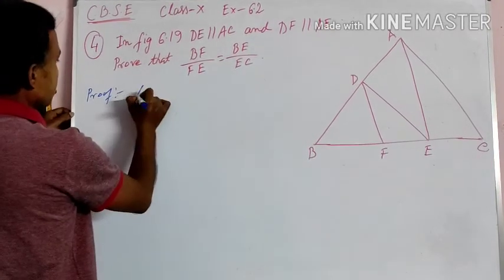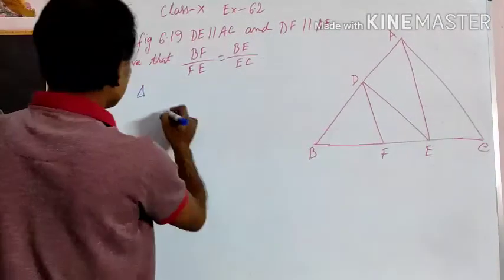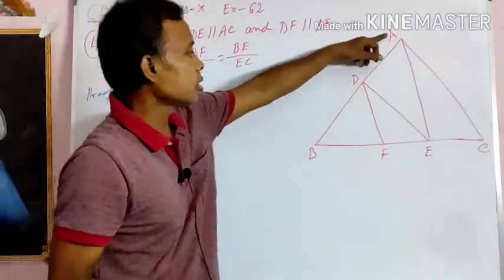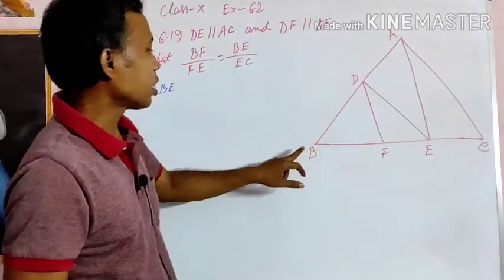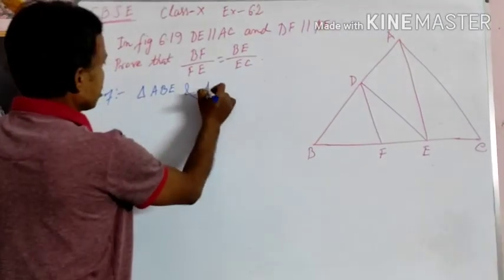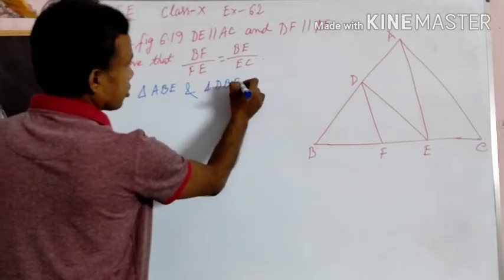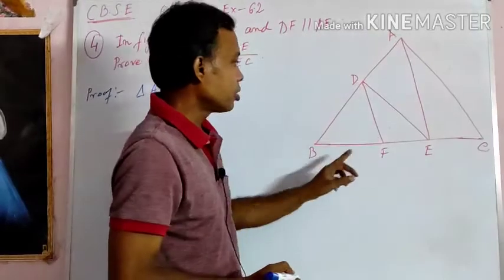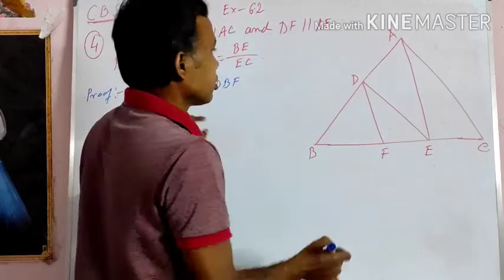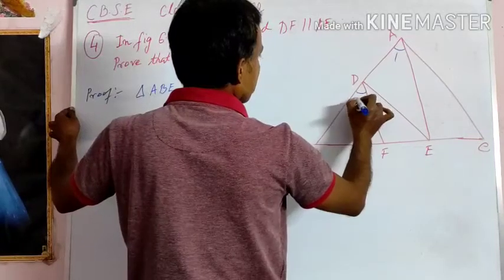Now take triangle ABE and triangle DBF. In the two triangles ABE and DBF, this angle is equal to this angle. Suppose this is angle 1 and this is angle 2.